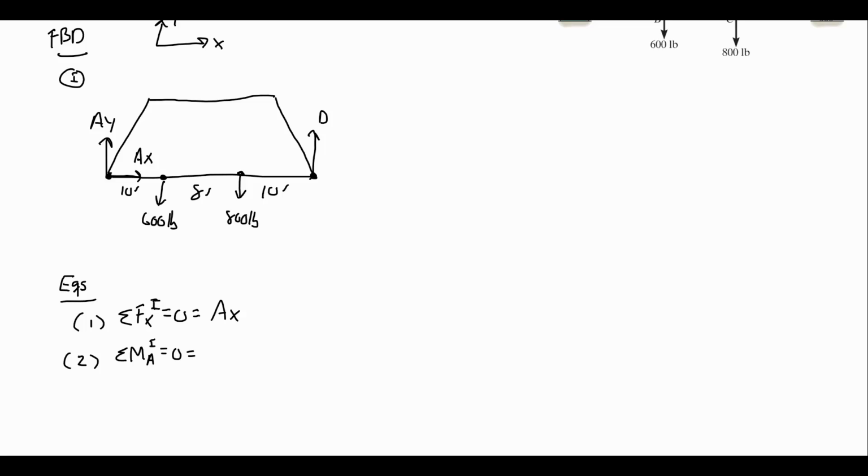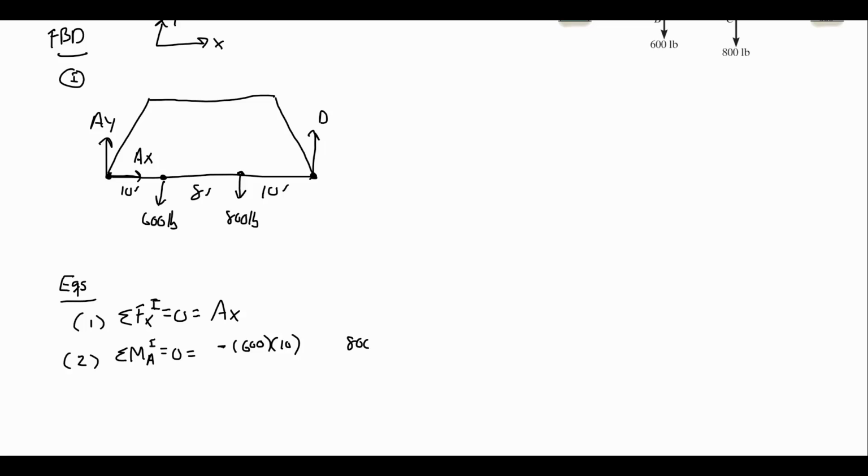If we take the sum of moments around A in this picture, going from left to right, we have no AX, no AY, but we have a 600-pound times 10 feet moment, and that's going to be clockwise, so negative.